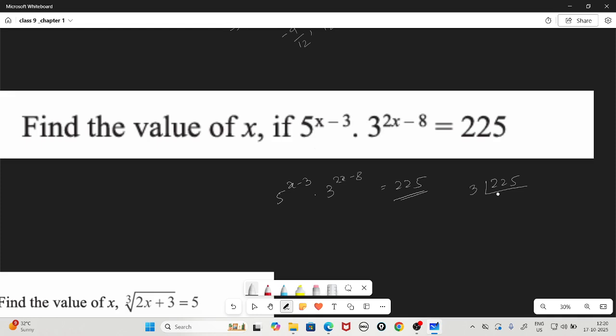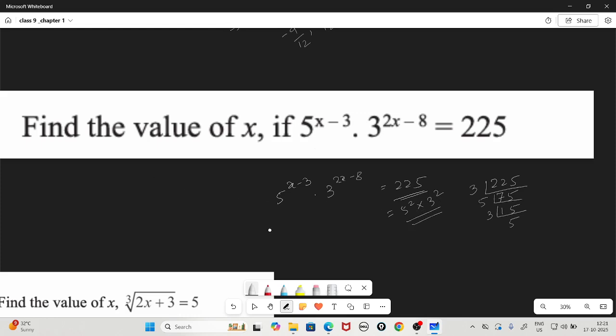So we'll start with 3. 225 divided by 3 is 75, 75 divided by 3 is 25, then 5 and 5. So it is basically 5 square into 3 square. So 225 can be broken down into its prime factors, and we get 5 square into 3 square.